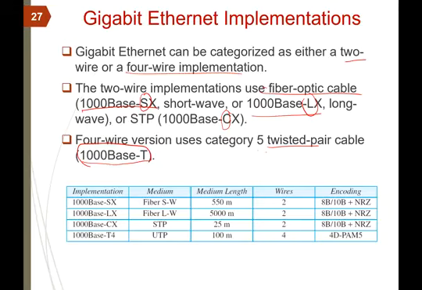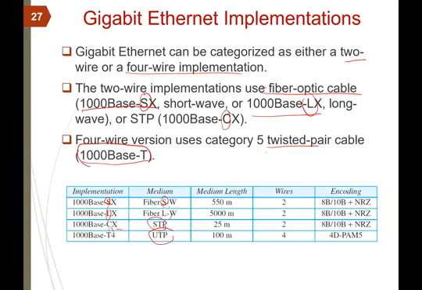It's 1000 base T. So SX is fiber, LX is fiber. Both of them use fiber. Short wave, this one, long wave. Base CX uses STP, shielded twisted pair. Base T uses UTP.